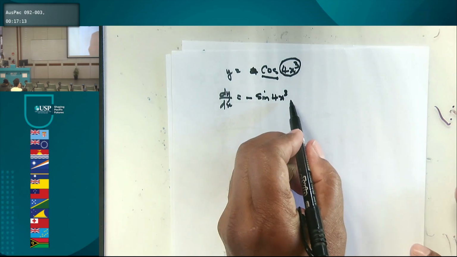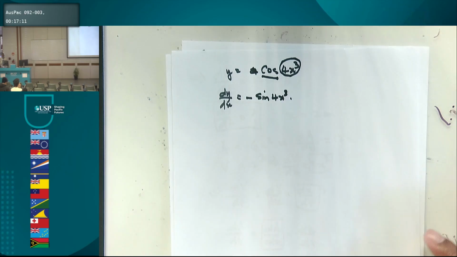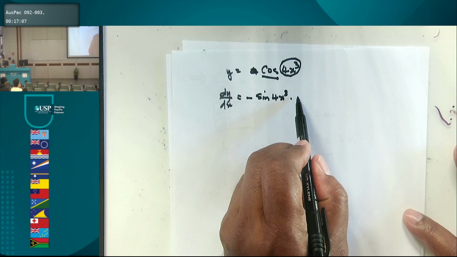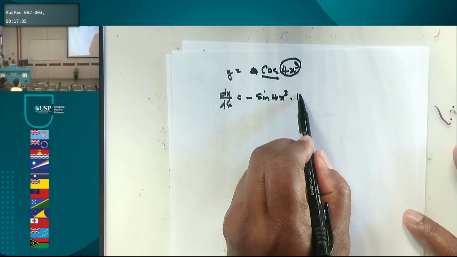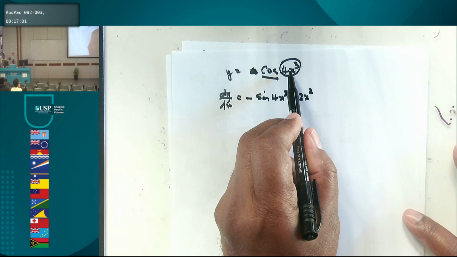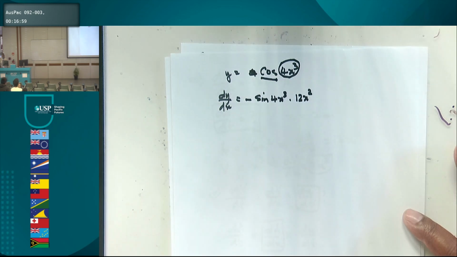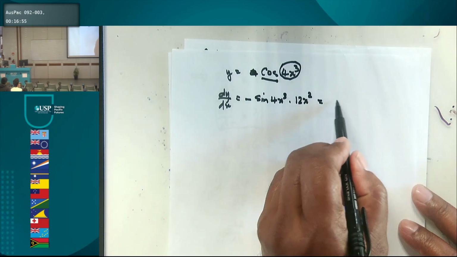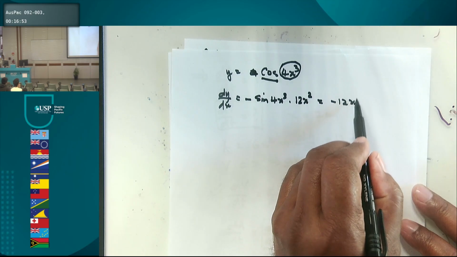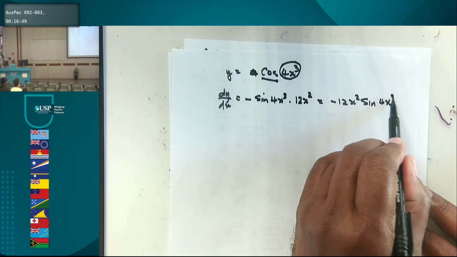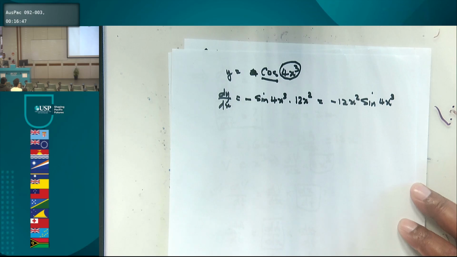And then we'll multiply by the derivative of the inner function. So, what do we multiply with here? 12x squared, because now we are differentiating the inner. And again, we expect you to rearrange it properly. There.